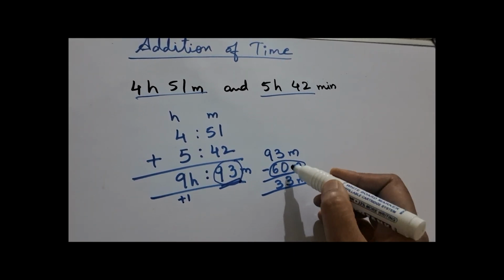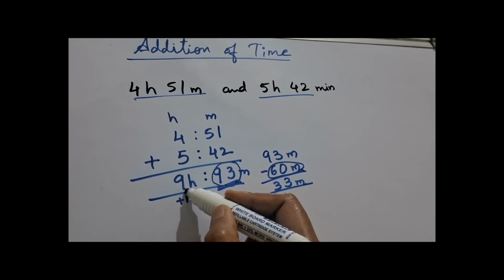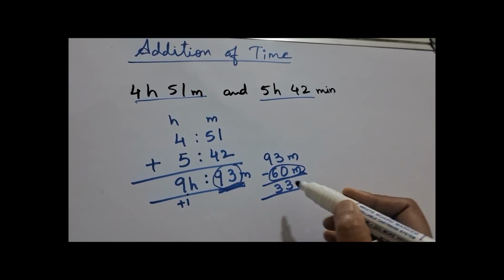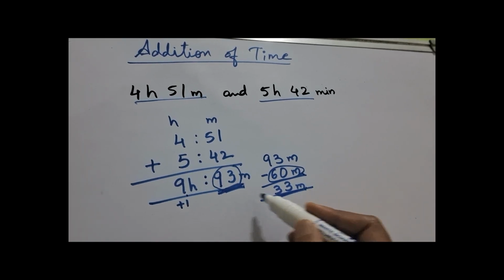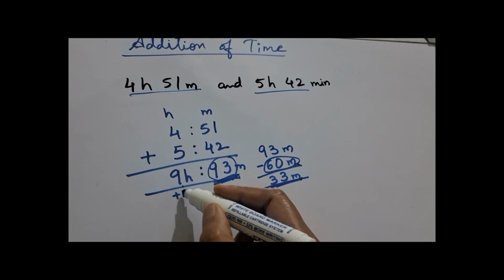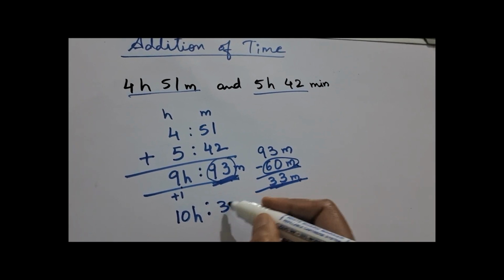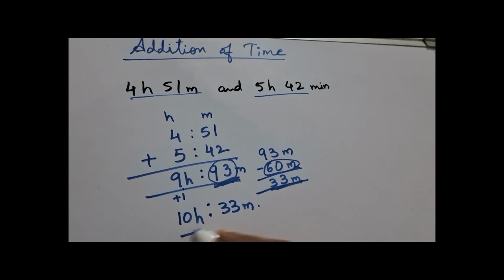Now after sending 1 hour to this place, what minutes is left? 33 minutes is left over here. So the final answer is 9 plus 1, 10 hours, and here 33 minutes. This is the answer, children.